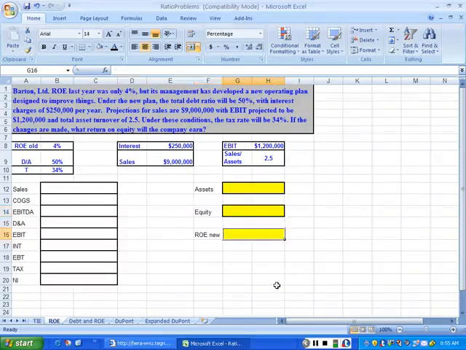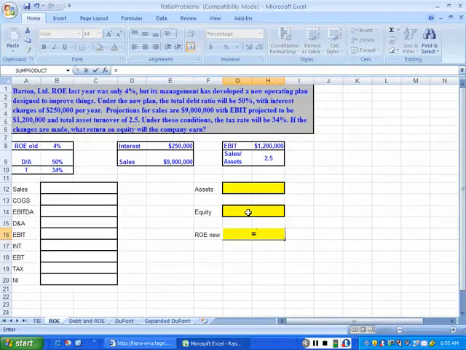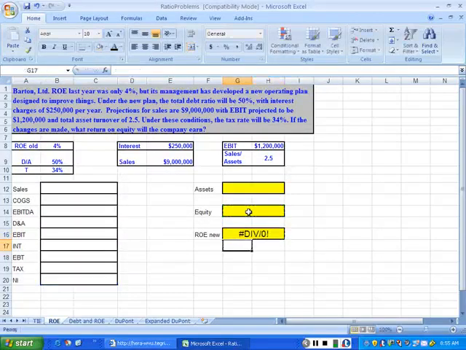So what we're going to be looking for here to come up with this return on equity is we want to know what is the net income figure we're going to get relative to the level of the equity. Okay, so we need that relationship right there. In order to figure that out, the equity is going to be everything out of the assets that's not debt.